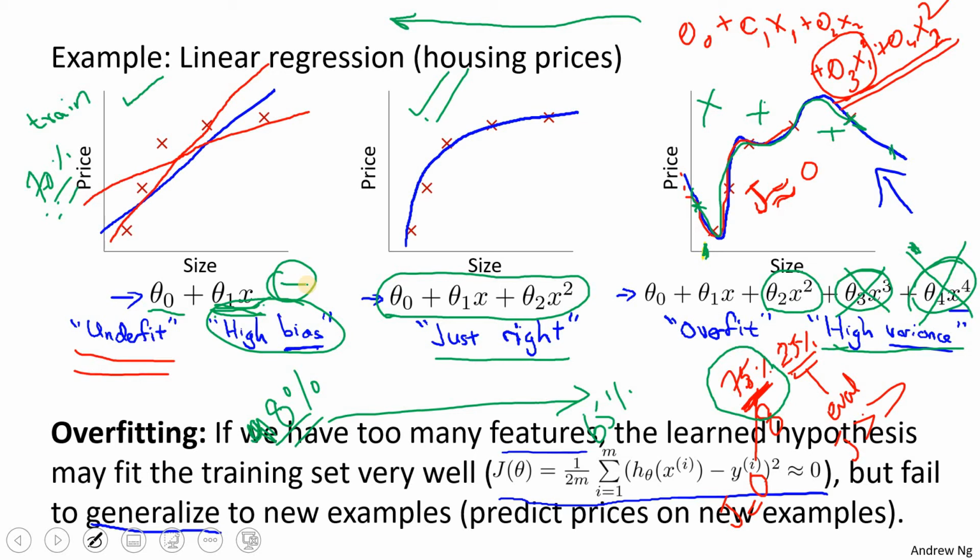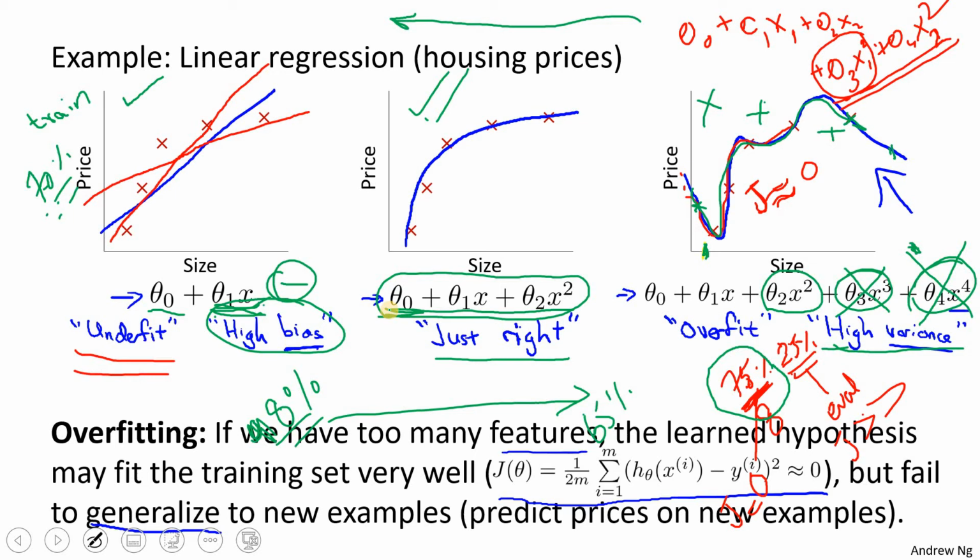So remember, overfitting occurs if we have too many features in the learned hypothesis or the model. The hypothesis H is basically our model, the equation that we use. So for example, this over here is the hypothesis, and with the help of training data, we try to choose these values for theta 0, theta 1, theta 2.